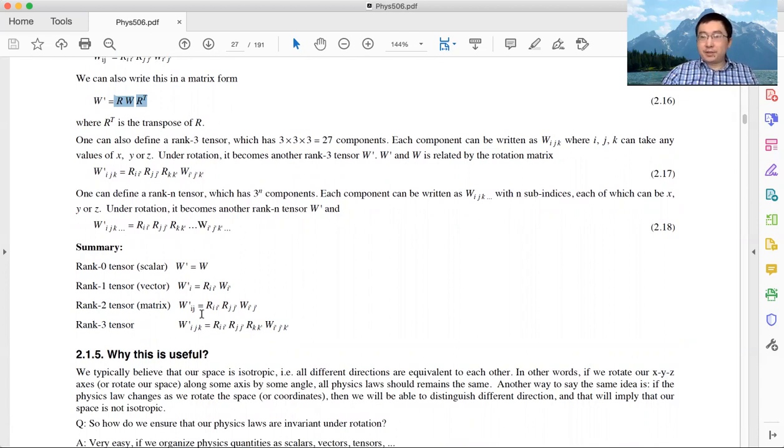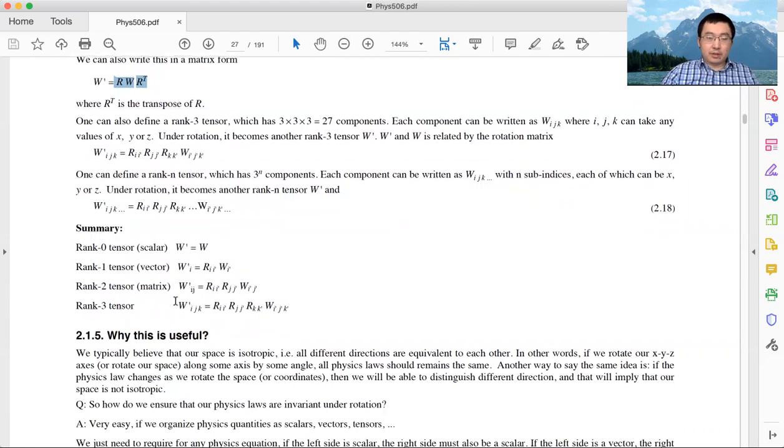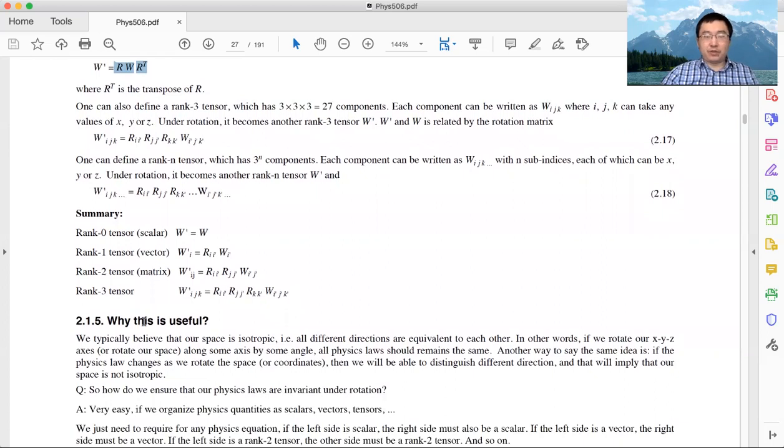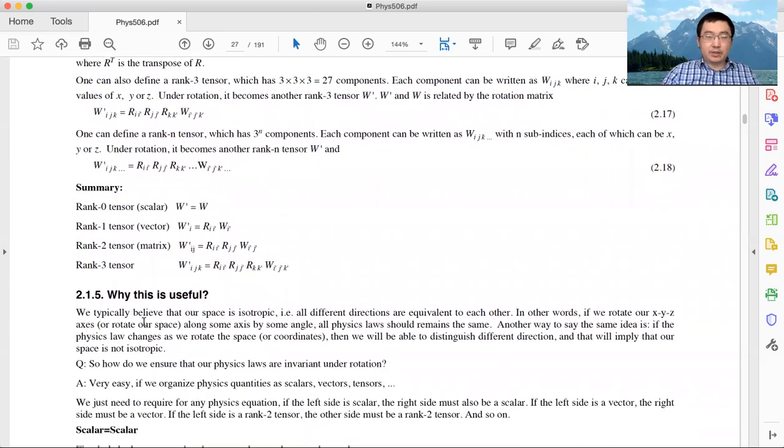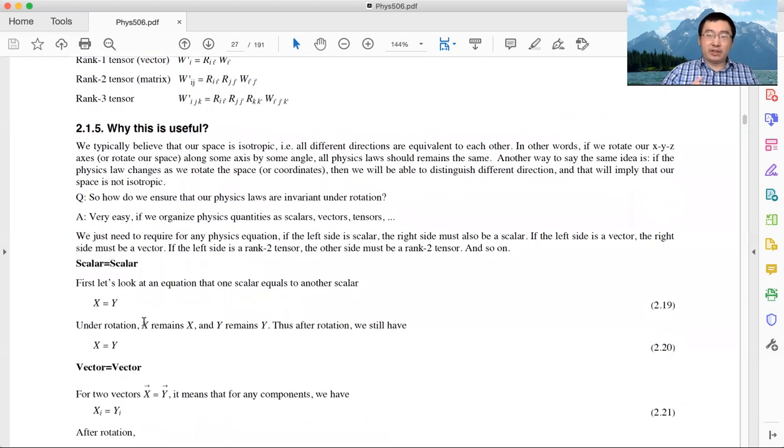But why do we do that? Why do we even bother to classify our physics quantities into these groups? It turns out this classification is extremely useful, and the reason is that we have a fundamental assumption in physics. In physics, we assume our space is isotropic, which means we assume all our physics laws take exactly the same form, no matter how I choose the direction of my XYZ axes.